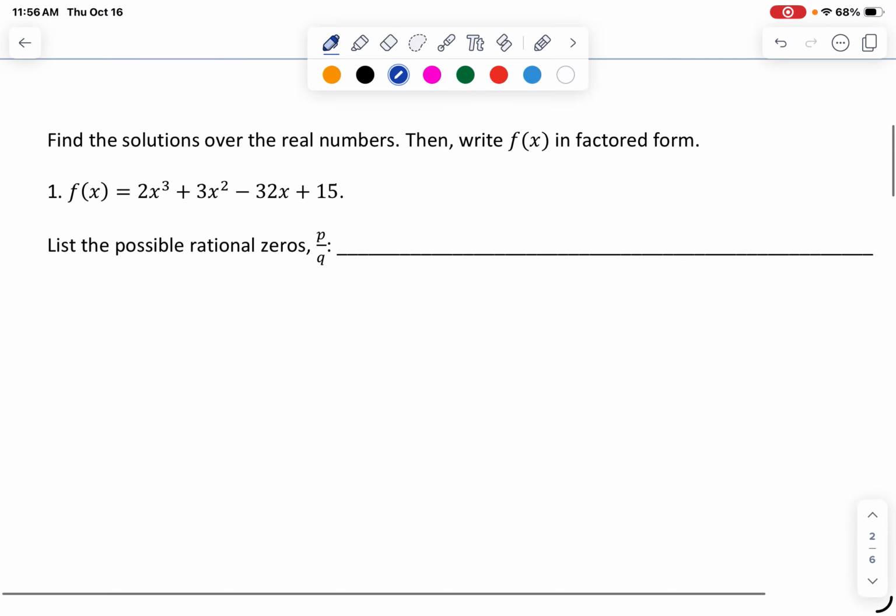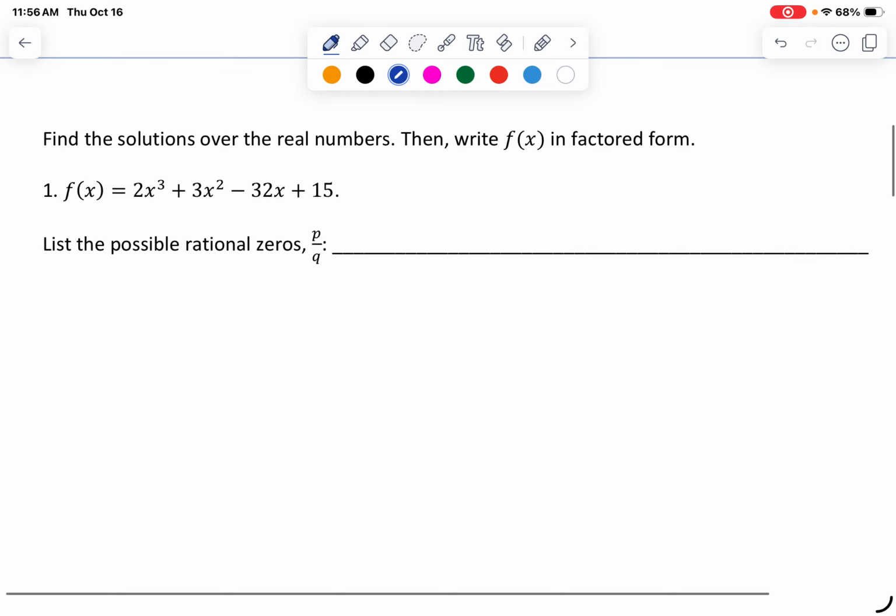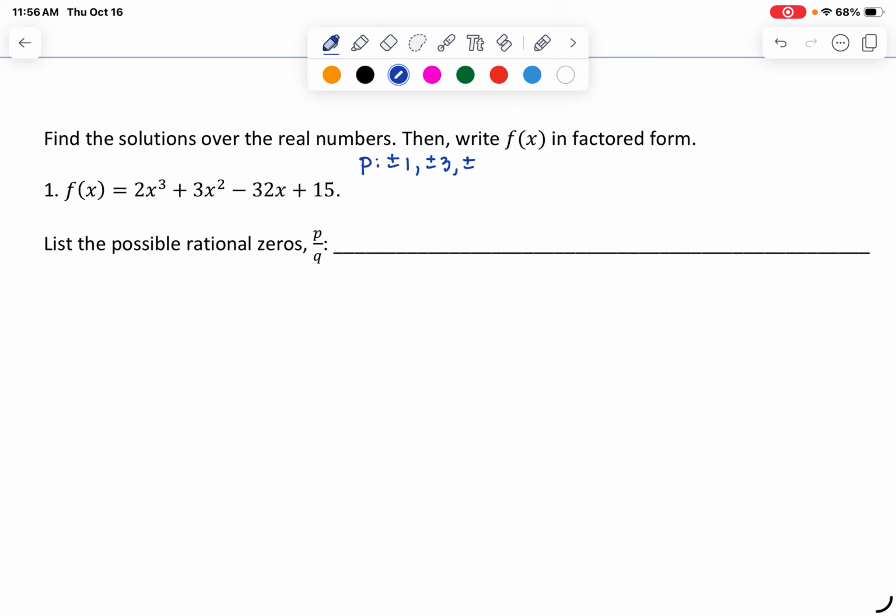All right, so let's try some more. So it says make a list of the possible zeros. So we're going to generate our P over Q list because once again, I wasn't given any zeros. So my P list, my factors of P are plus or minus, I'm looking at 15 here, so 1, not 2, but 3, not 4, but 5 and 15.